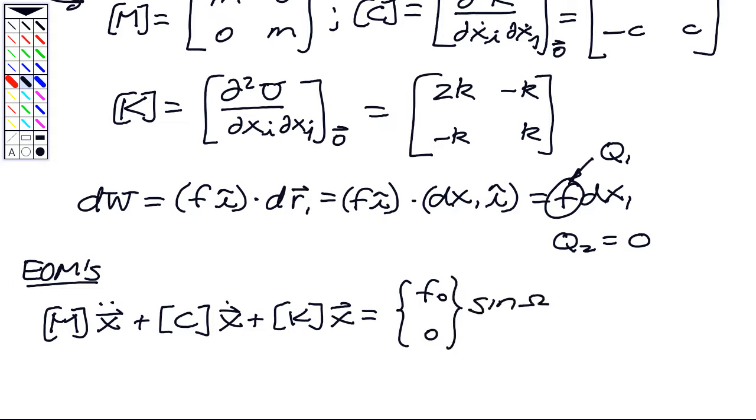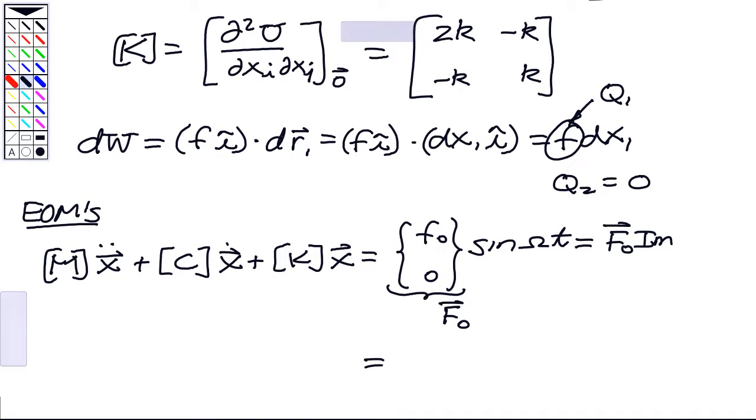I will refer to this as an amplitude vector, capital F0. Keep in mind that this is the same thing as F0 as a vector times the imaginary part of the complex exponential.